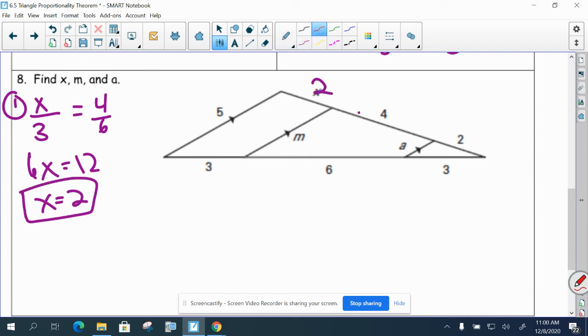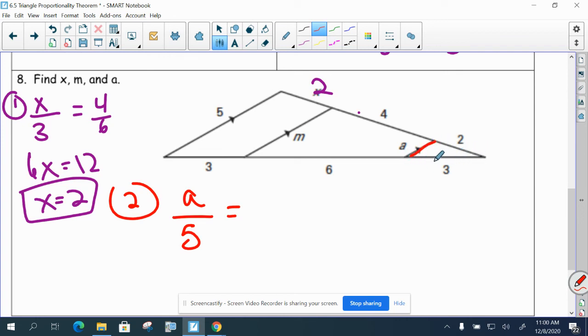And then let's go ahead and figure out what a is. To figure out a, it's one of the parallel lines, so we're going to have to choose the other parallel line to be part of it. So let's do a over 5. Okay, and then equals, and then we're going to have to choose a part of this little triangle.